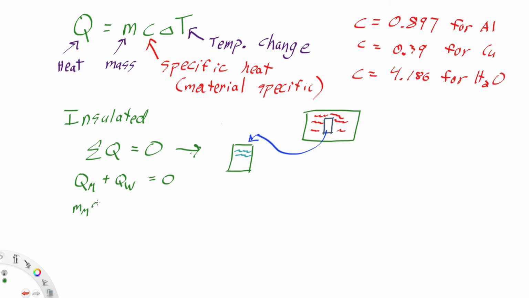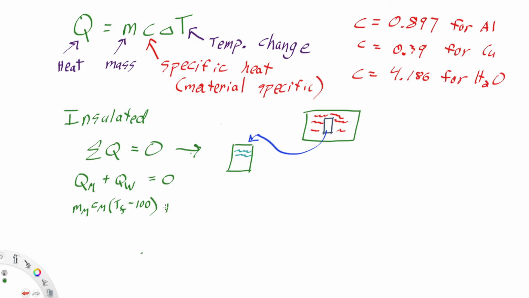We don't know what its specific heat is. And the temperature change that metal underwent, right? It started off at 100 degrees because we stuck it in boiling water. And it got cooled down to whatever it was finally.